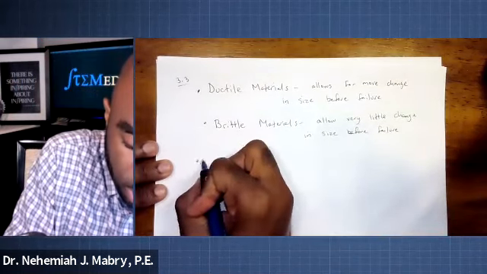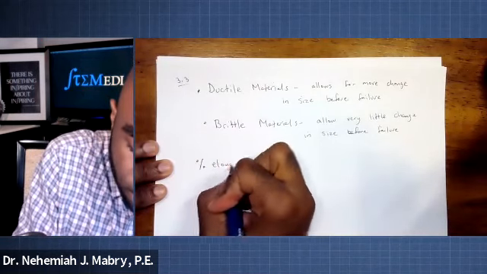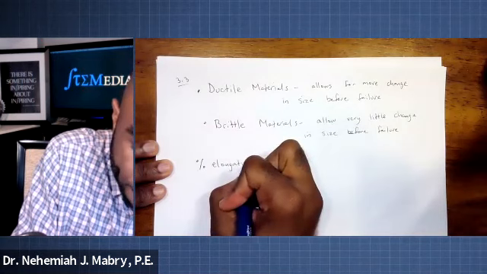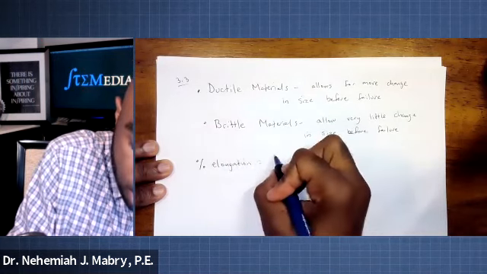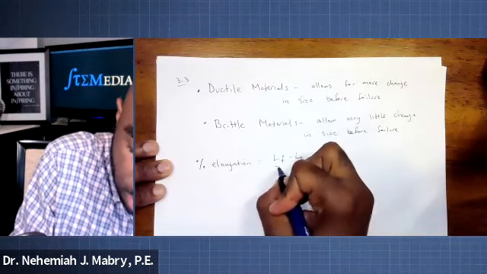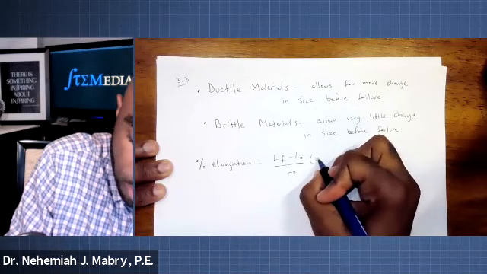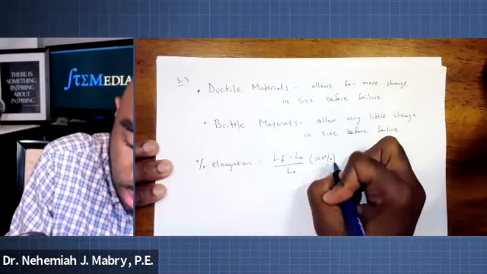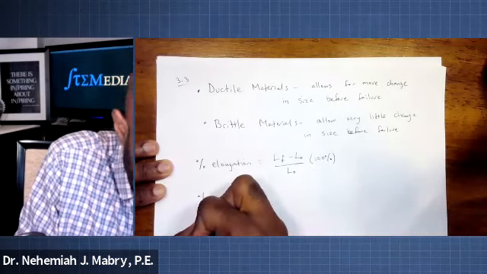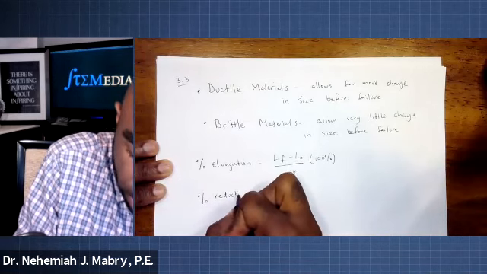These are some equations you can take with you. Percent elongation, right? And that is the final length minus the initial length over the initial length, converted to a percentage. And then I want you to look at the percent reduction in area.